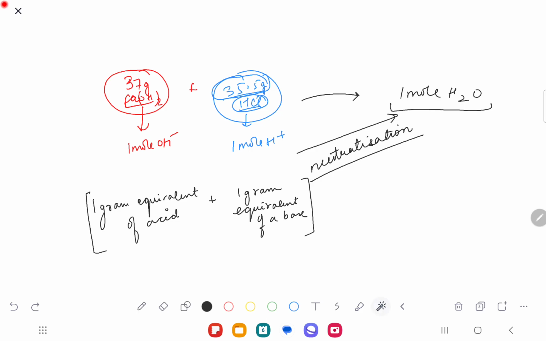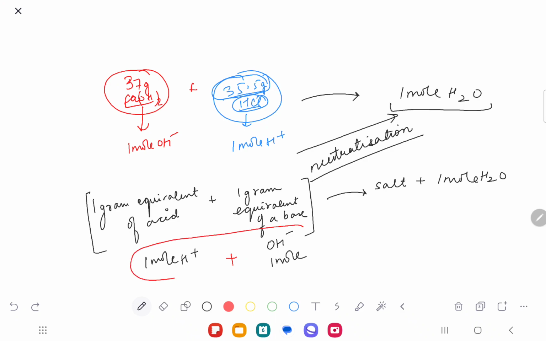So when 1 gram equivalent of an acid combines with 1 gram equivalent of a base to form salt and 1 mole water, because definitely I'll be getting 1 mole OH negative and 1 mole H plus, and when 1 mole of H plus combines with 1 mole of OH negative, I will be getting 1 mole of water.